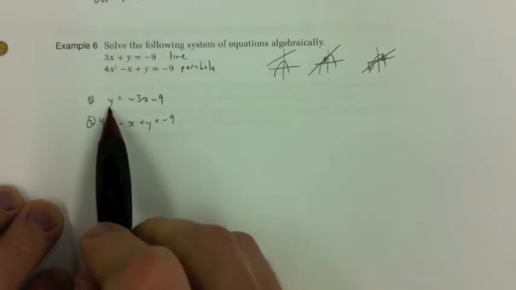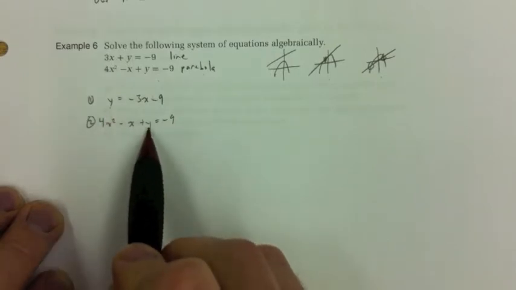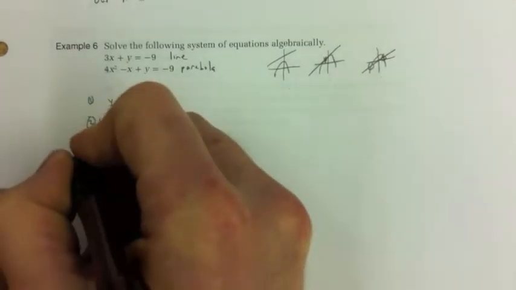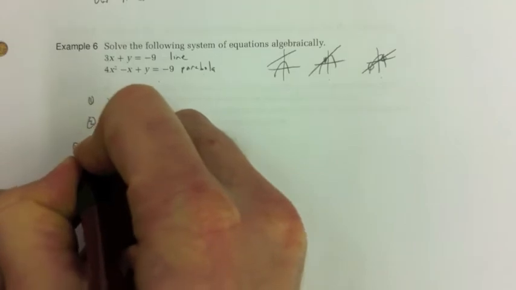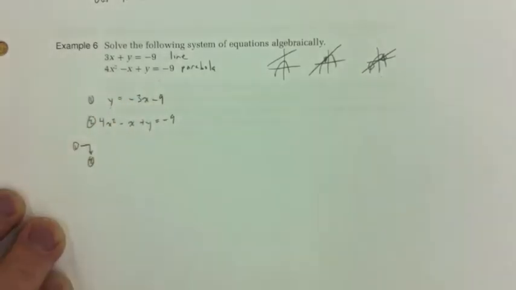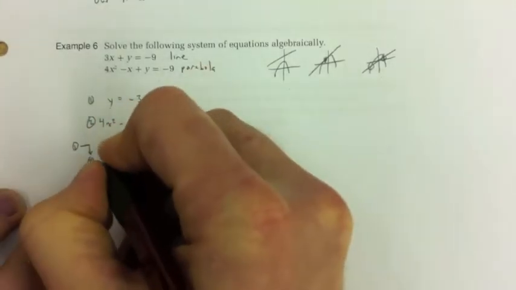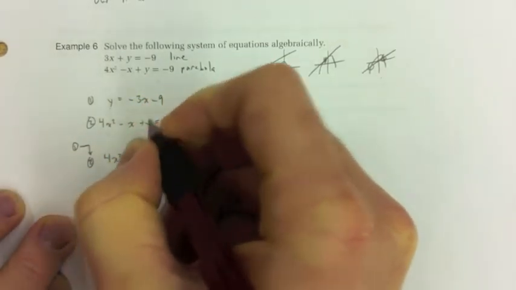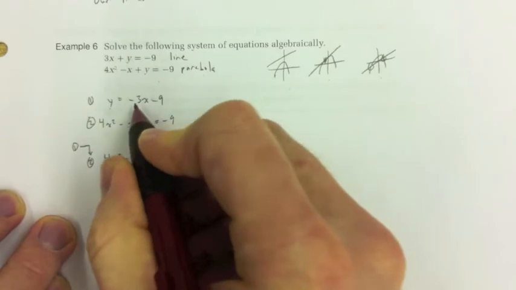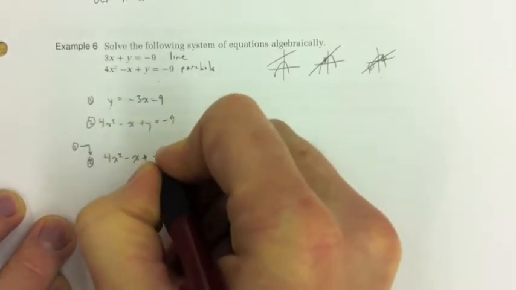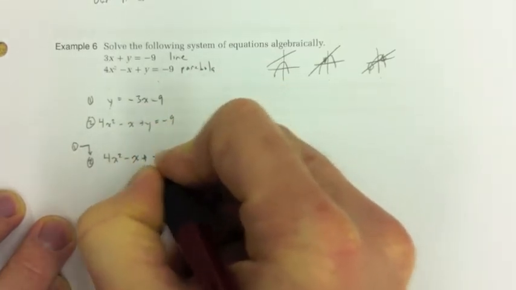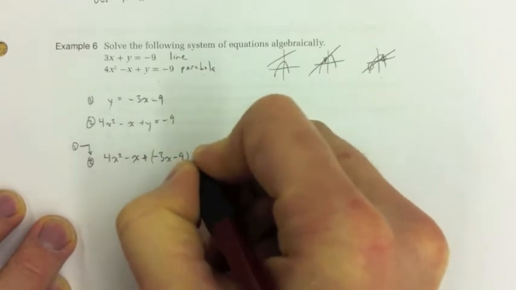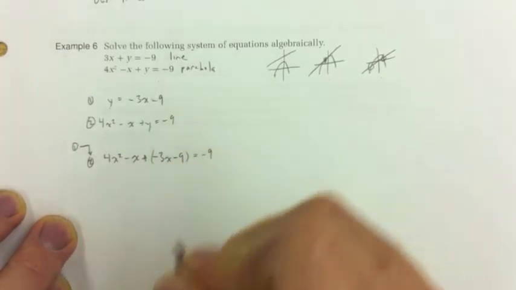Now that I've got y isolated in one equation, I can substitute it into the second equation. So I'm going to take equation 1 and put it into equation 2. So we have 4x squared minus x plus, instead of y, we're going to write negative 3x minus 9, equals negative 9.